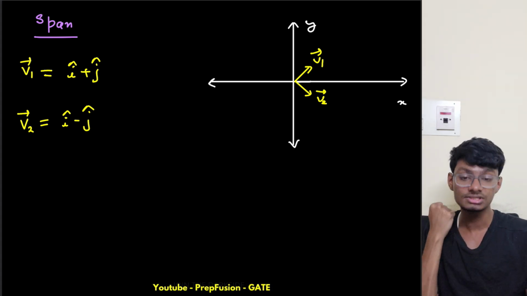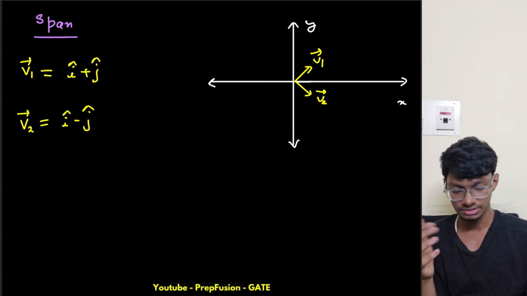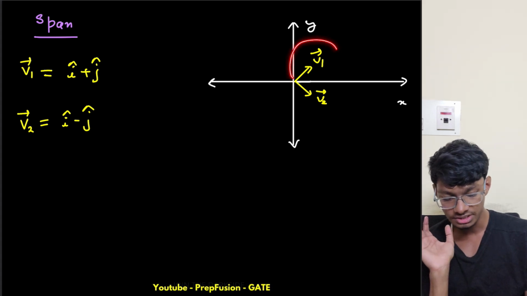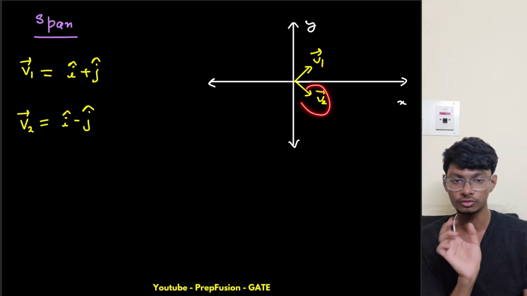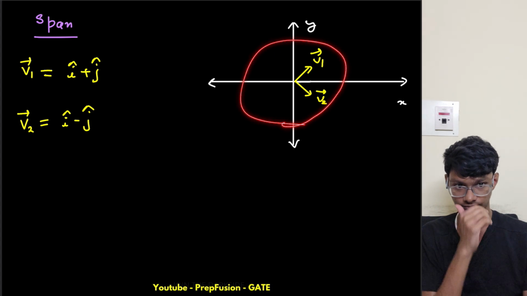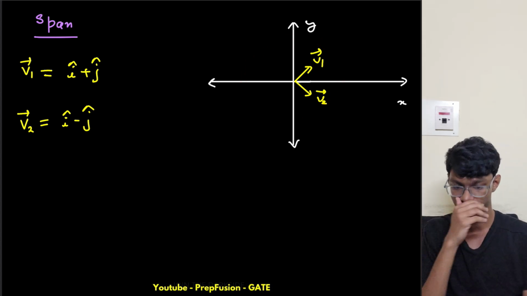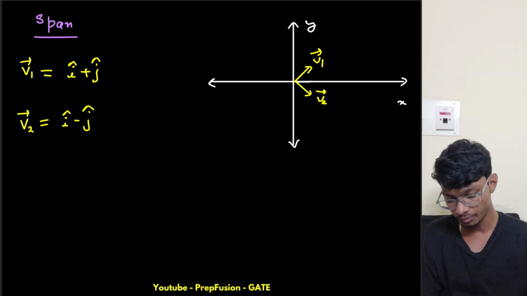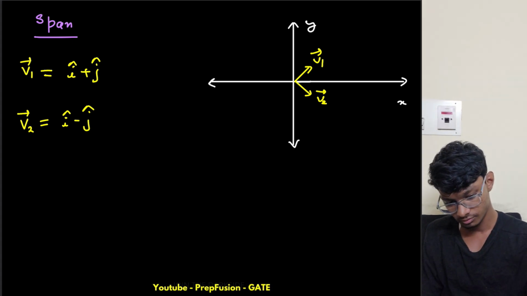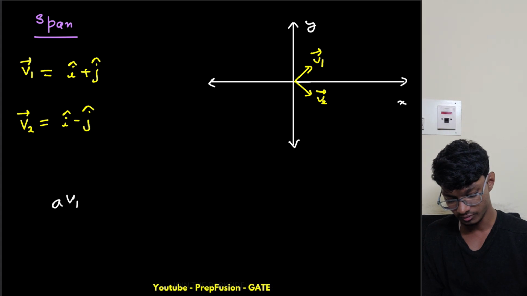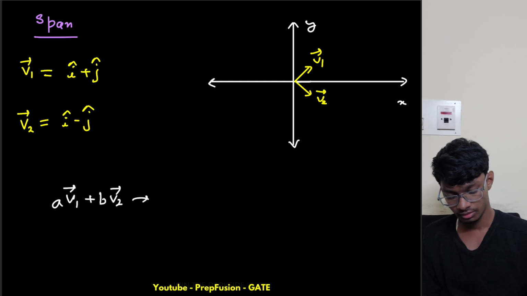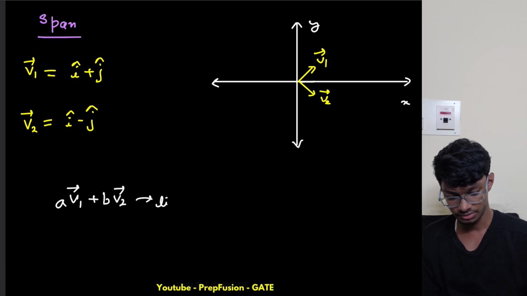Now what does span mean here? Span means with the linear combination of v1 and v2, how much area can I cover? Slowly I will take more examples, from there you will also understand. What do you mean by linear combination? If I do the linear combination a v1 plus b v2, this is the linear combination basically.